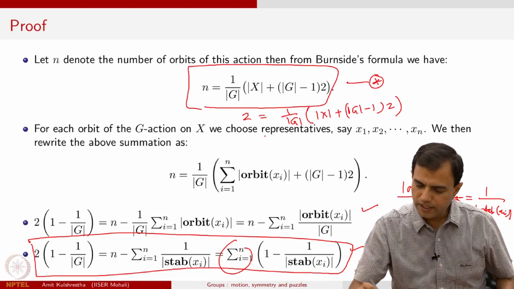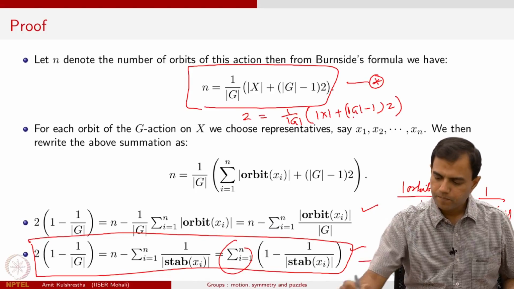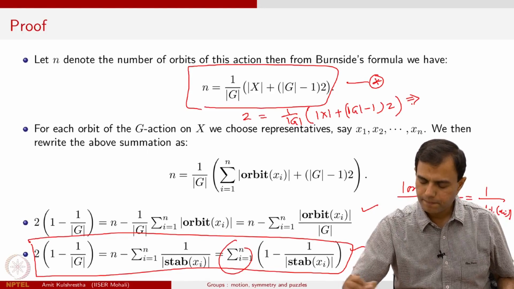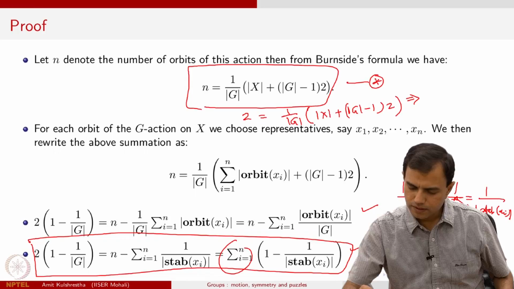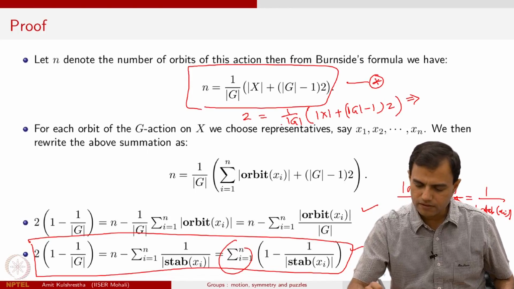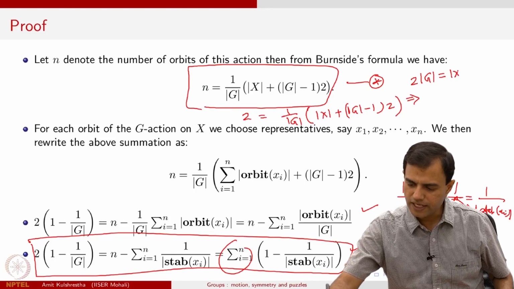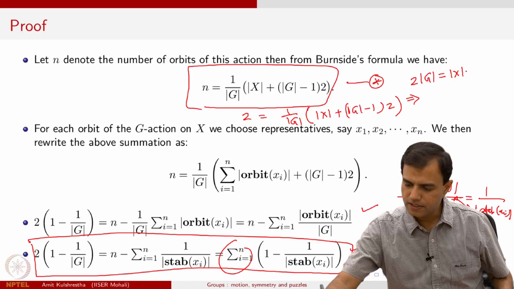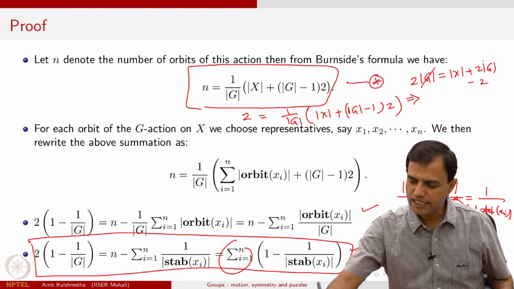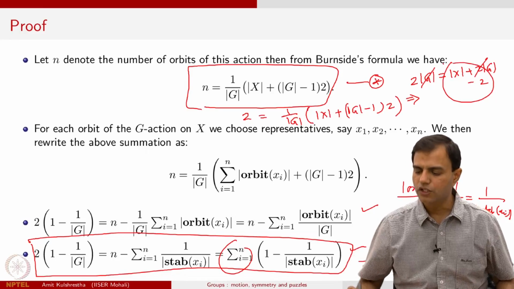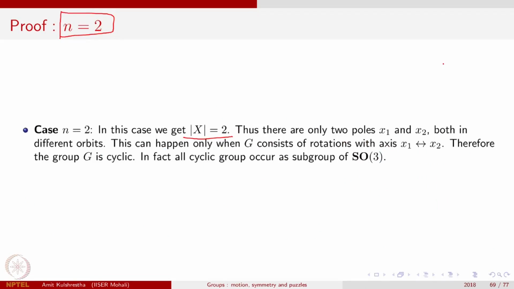In order to get 2 here, let me just get mod g that side. So twice of size of g is therefore size of x plus twice of size of g minus 2. So this cancels out and you get size of x is 2. So size of x is 2 if n is 2.